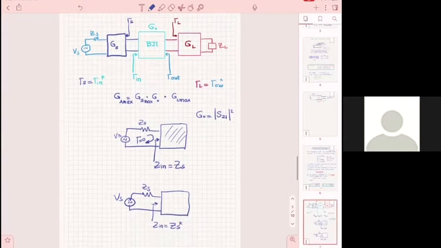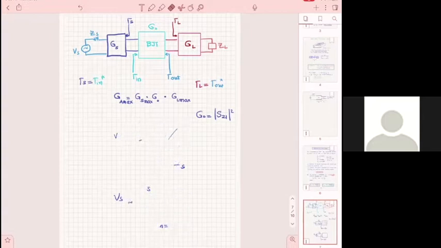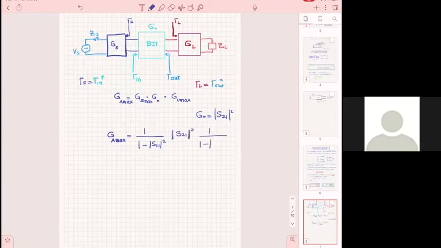Okay, and now I'll erase these two. And now that you have this, you need to remember, not necessarily by heart, but you need to know that this one is going to be S11 square. This is going to be S21 square. And this is going to be 1 minus S22 square.